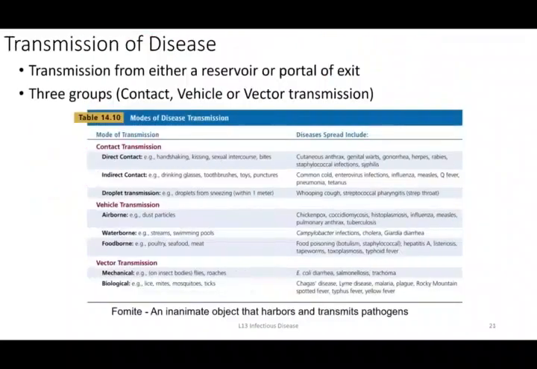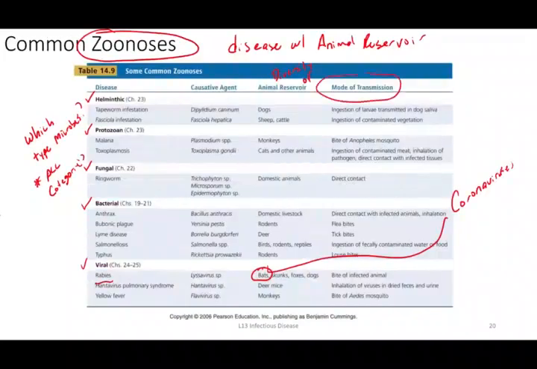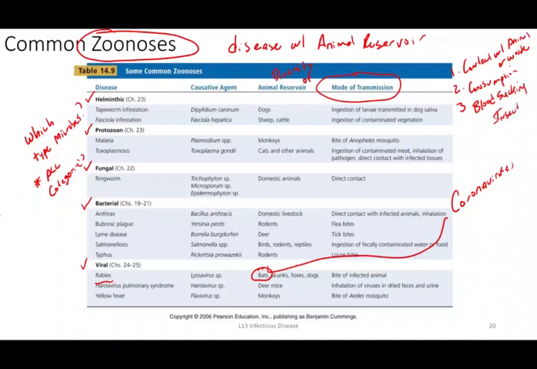And then again, the mode of transmission, there were three listed on the previous slide. So it's contact with the animal or its waste. Consumption, so eating the animal or animal products. And then some sort of blood-sucking insect, I'm just going to use insect, which isn't taxonomically correct.